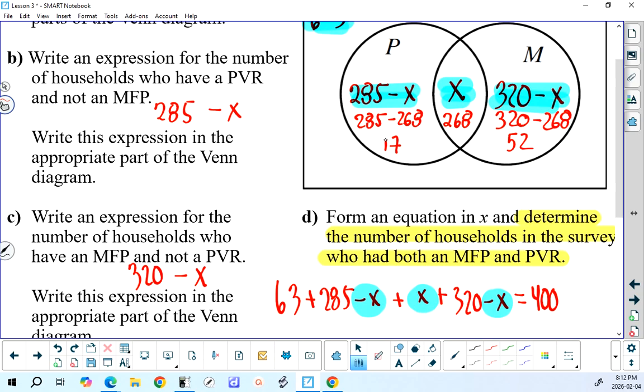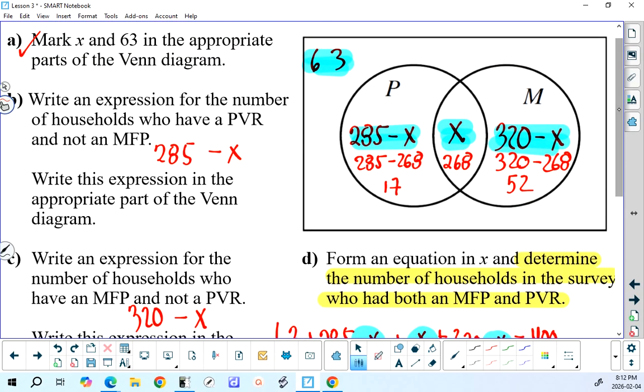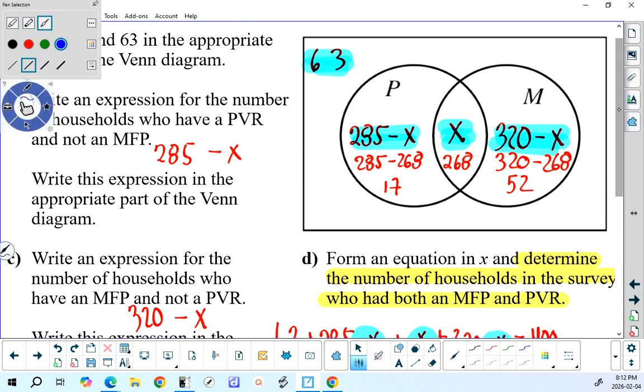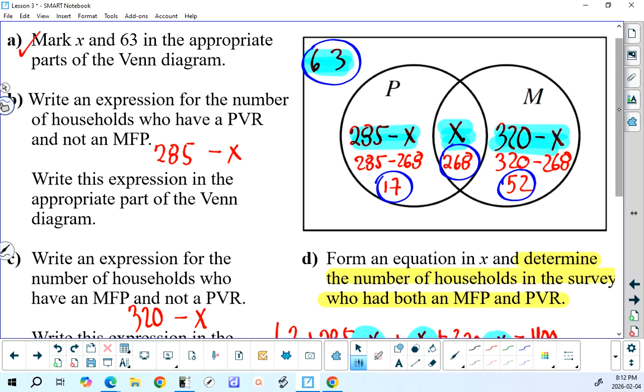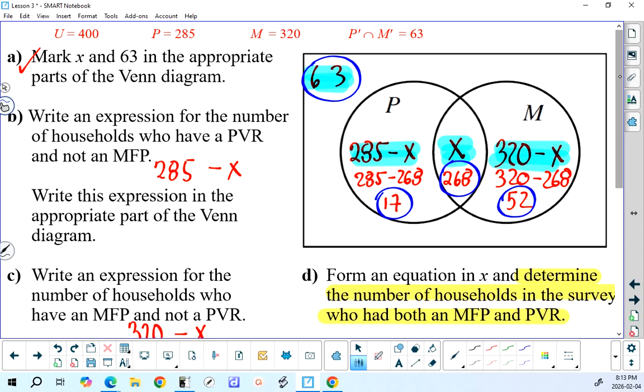So what we have is this many in this region, this many in this region, this many in this region, and this many in this region. And if we have the right answer, those four blue numbers have to add to give the number in the universal set.